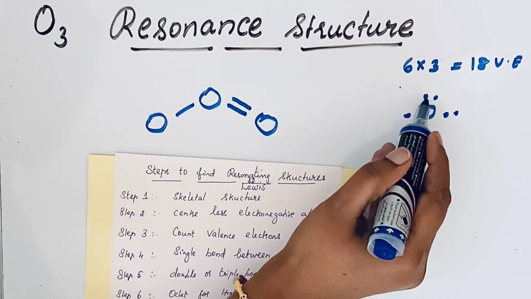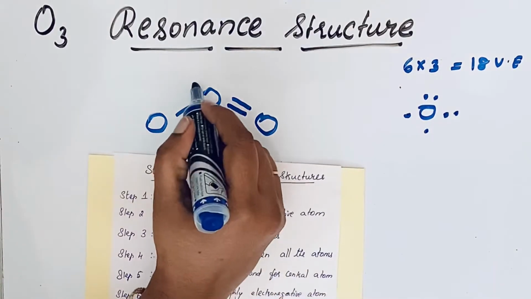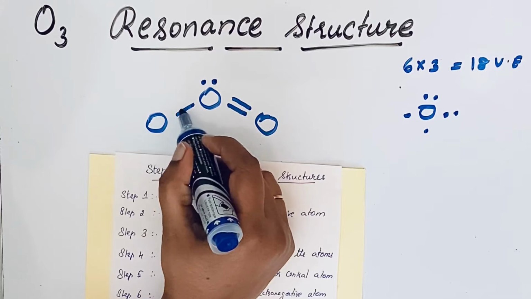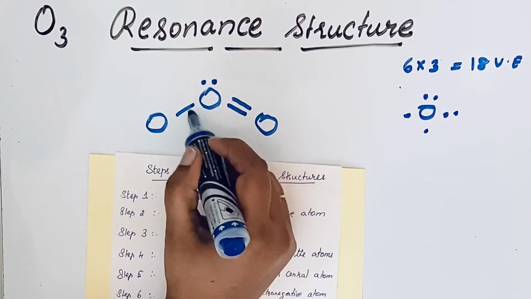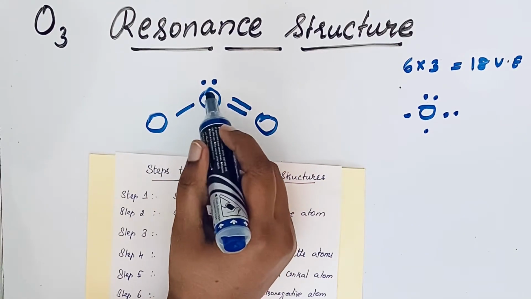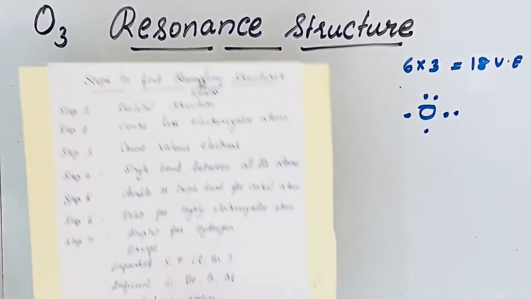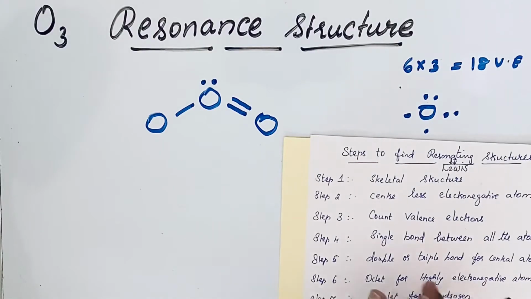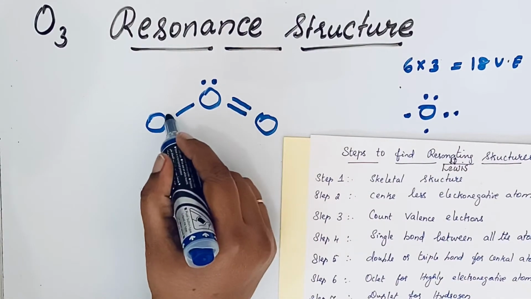The remaining 2 electrons, that means 1 lone pair, is needed, so we can keep it like that. Now check the oxygen: 2, 4, 6, 8. So the central atom's octet is completed. Now come to step 6, octet for highly electronegative atom. Here oxygen is the highly electronegative atom.